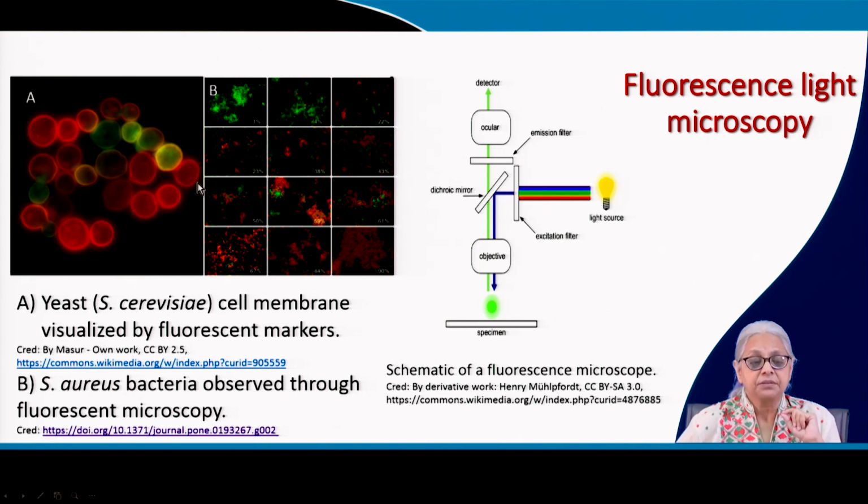In the second case, in B, this is from a particular paper recently published, I think, and this is Staphylococcus aureus that has been observed using fluorescence microscopy and more than one dye. Here you see a series of images which have been taken after the cells have been dyed with 3 different fluorescent dyes, and each one of them will react with the cell membrane.